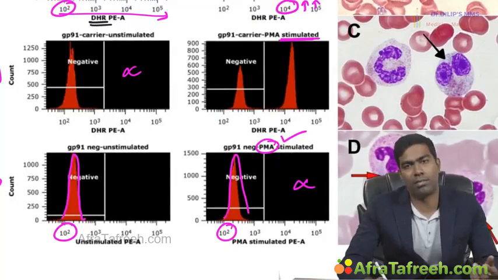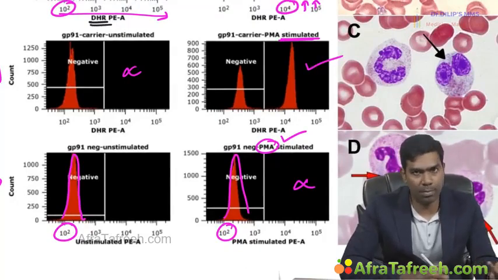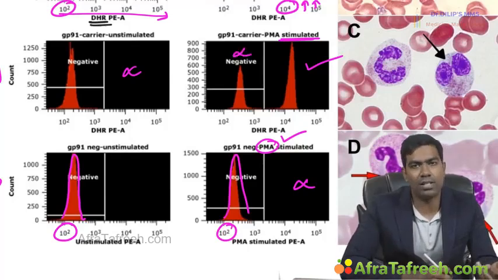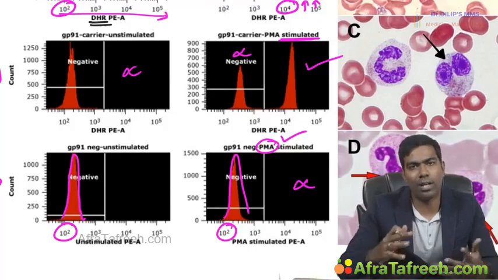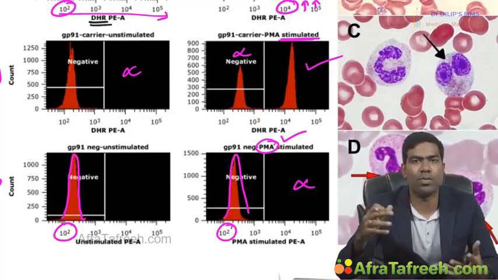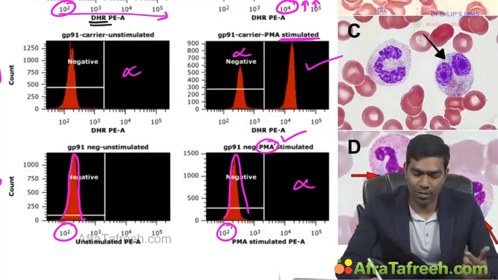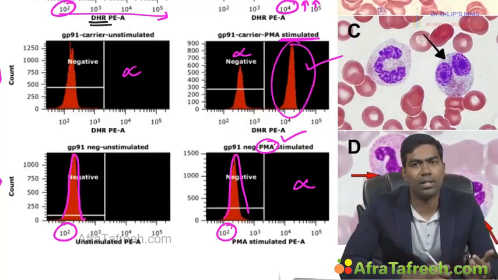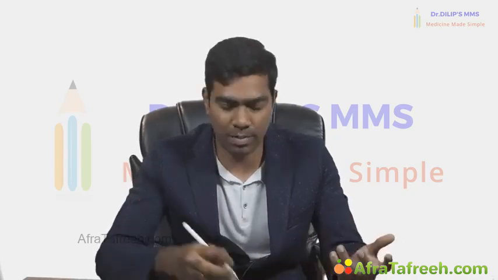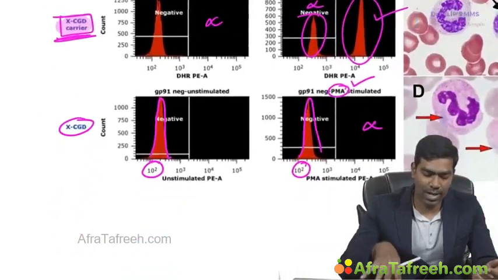But in stimulated, you are seeing a little bit of DHR uptake and fluorescence, but there are certain cells which are still negative as well, which means there are two biphasic populations. Some neutrophils are having NADPH oxidase, which means those are producing the DHR fluorescence, and certain cells are not having NADPH oxidase, producing no DHR fluorescence, which means a mixed population, which means it's an X-linked chronic granulomatous disease carrier state. That is the advantage of the DHR fluorescence, which can detect the carrier state also.